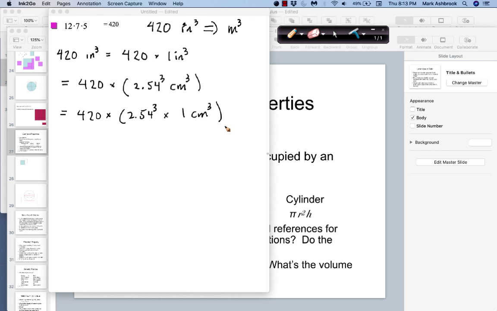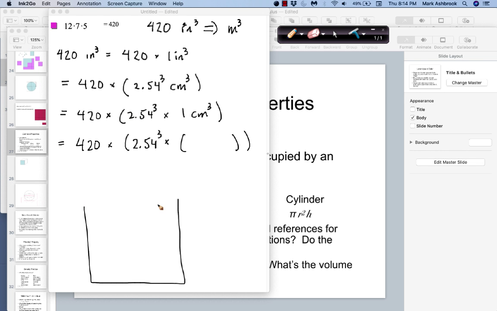centimeter cube. And so now the question is, how many meter cubes are in 1 centimeter cube? Let's draw a picture here. So suppose this is a meter cube. This is 1 meter by 1 meter by 1 meter.